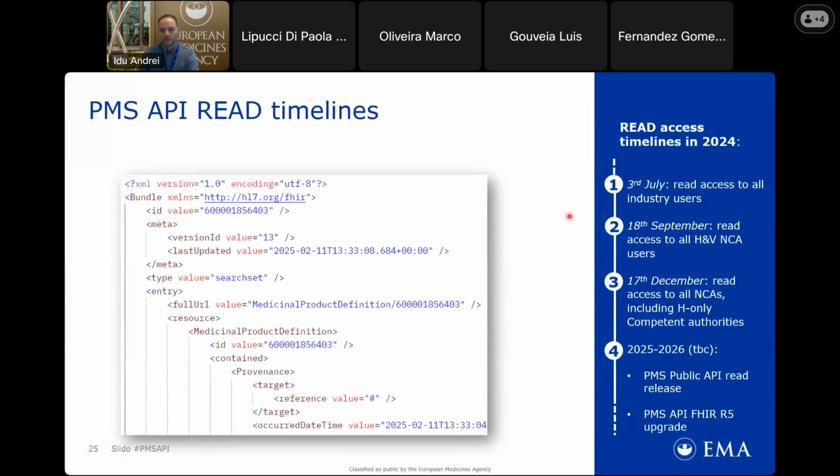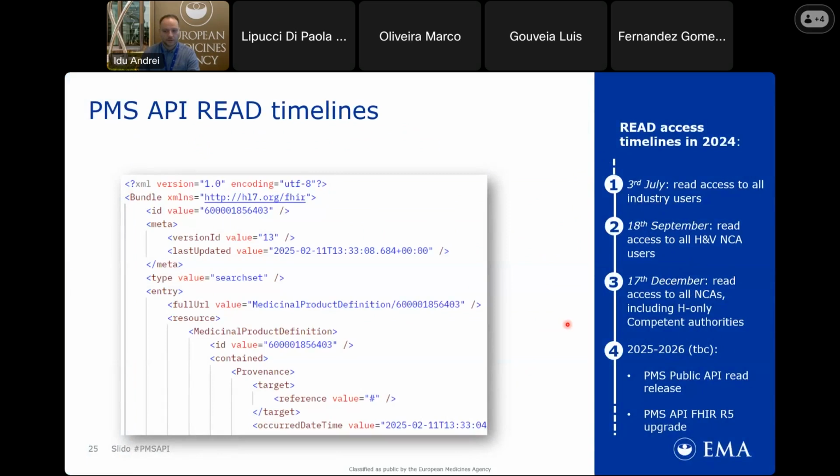So for the read capability, last year we released access to different types of users. We started in July with access for industry users, and in September and December opened up access to NCAs.